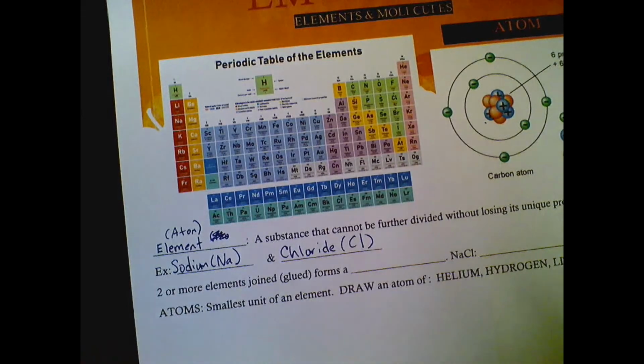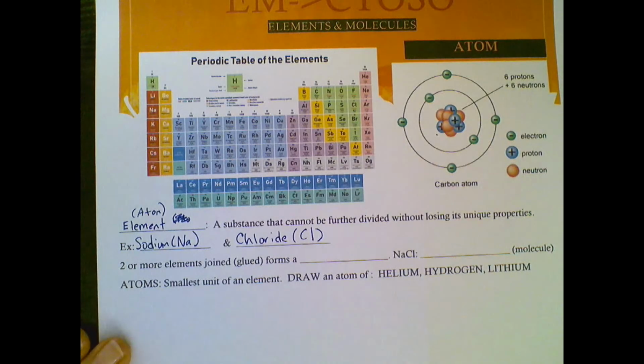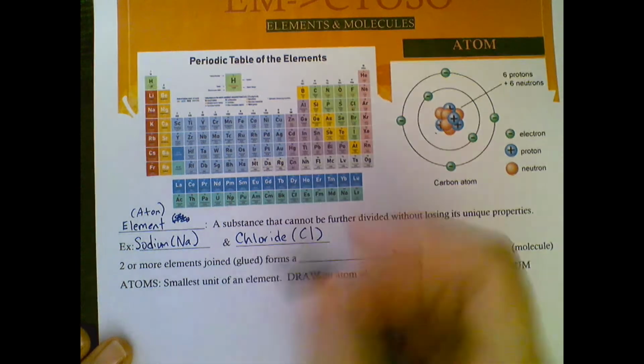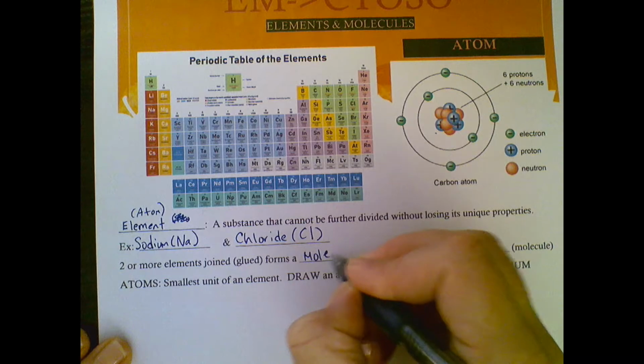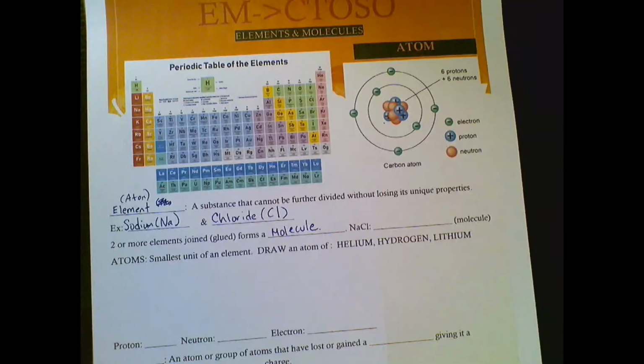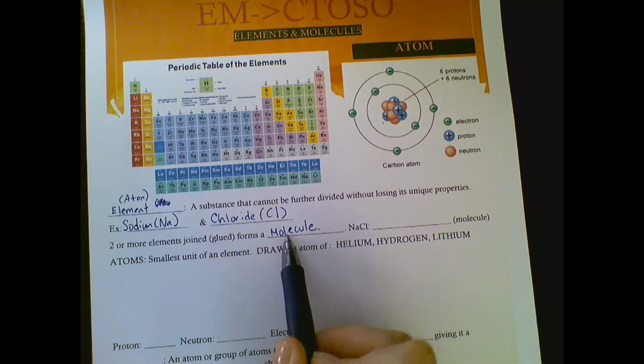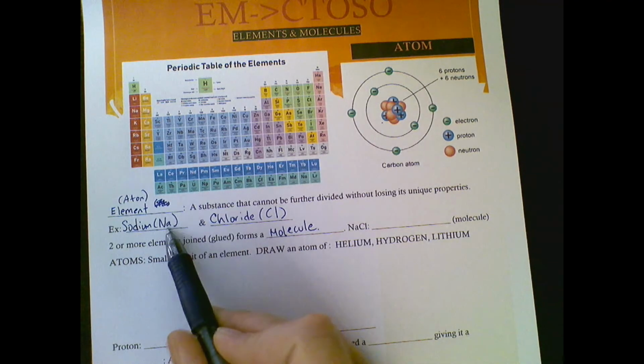If you have two or more elements glued together, you get a molecule. Okay, so in this case, I'm going to show you these two actually, sodium and chloride.